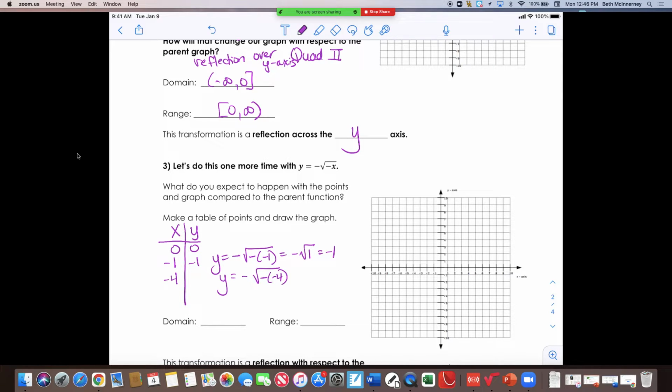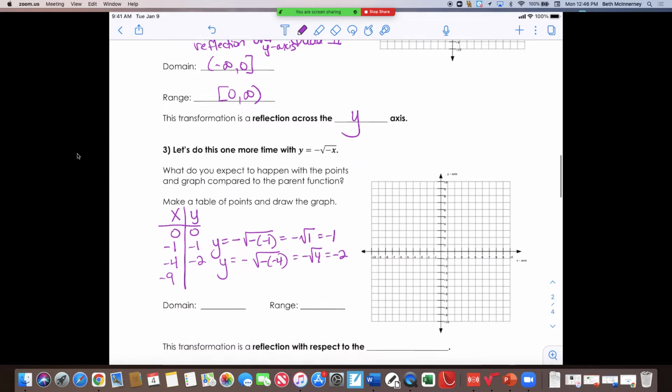Okay, let's plug in -4. So that's -2. Let's plug in -9. And then let's plot those points. All right, let's plot those points. So I have 0, 0.